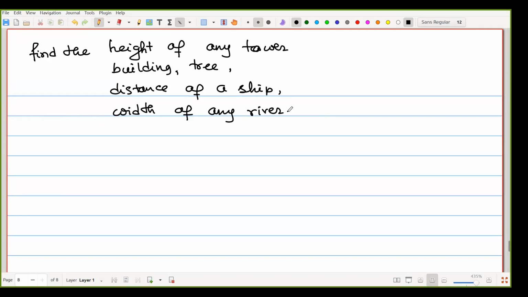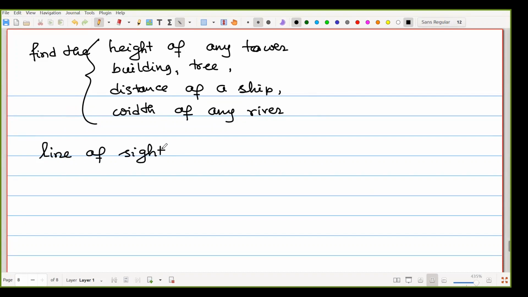In those cases, we can use the trigonometrical functions. For those, we have to know one term that is called the line of sight.